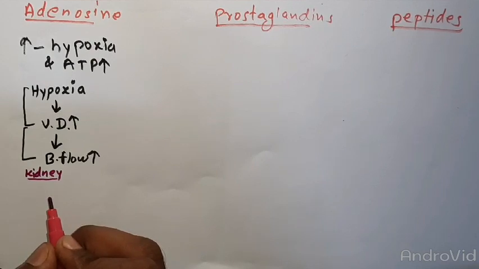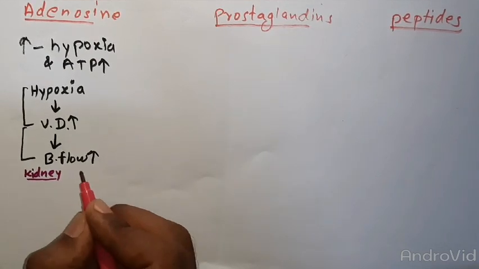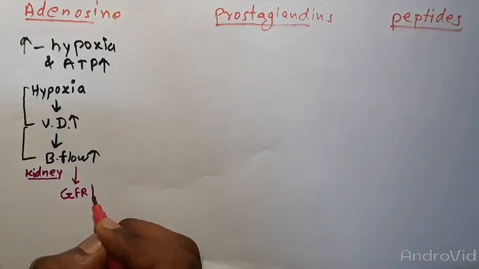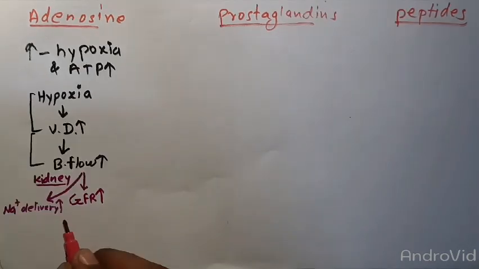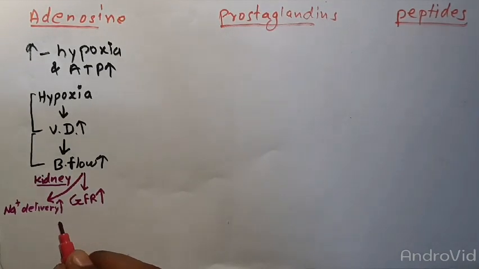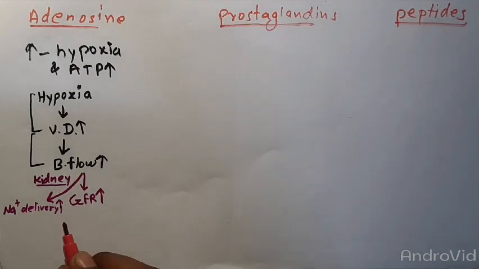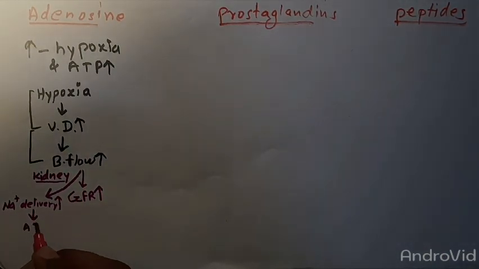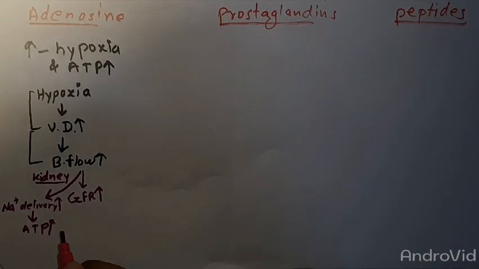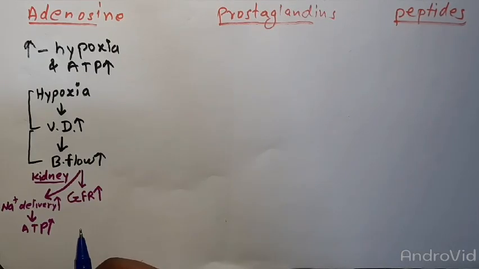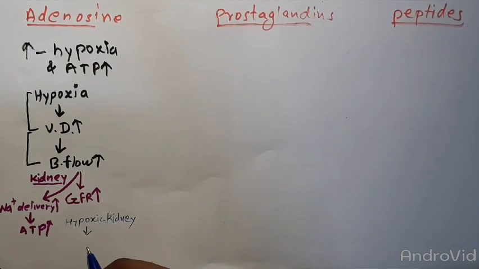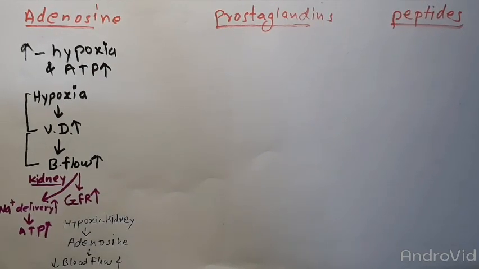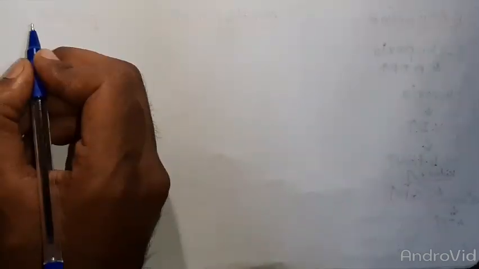The kidney has different requirements because increased blood flow leads to an increased GFR and greater sodium or solute delivery to the tubules. This will increase the tubule work and the ATP consumption will be more. In contrast, in the hypoxic kidney, adenosine actually decreases the blood flow and the GFR.